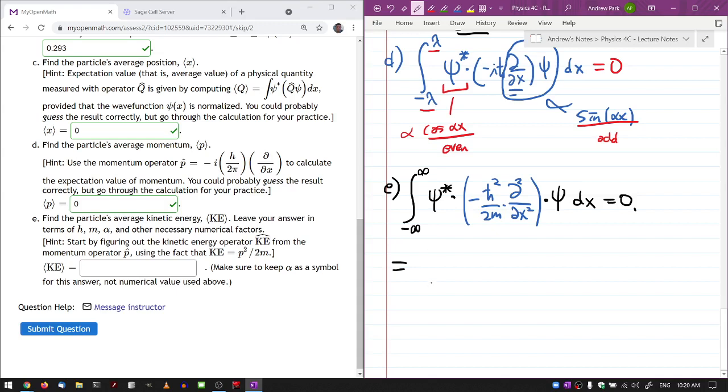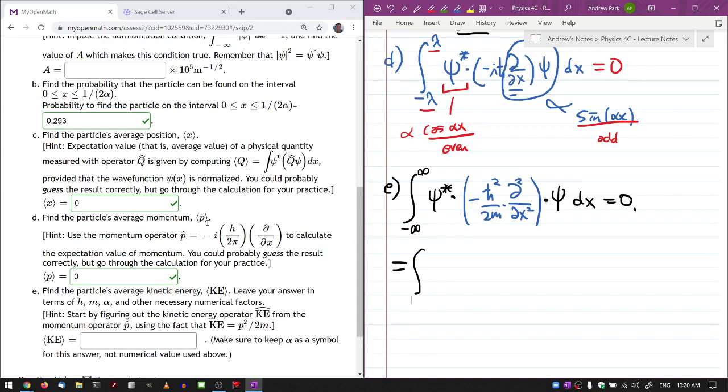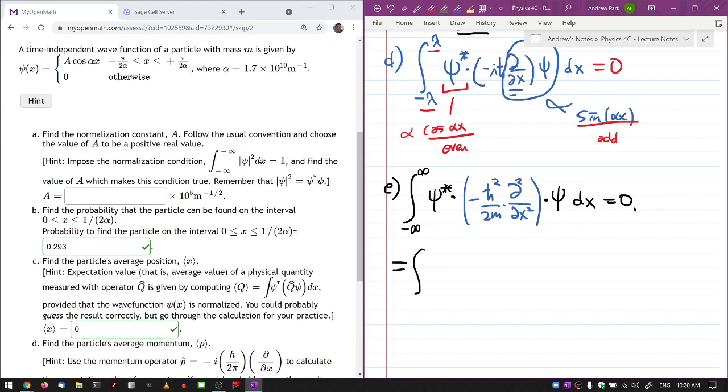My integral over all space becomes an integral over the parts where my wave function is not zero. So that's going to be from x equals minus pi over 2 alpha to pi over 2 alpha, and because my wave function is real, the complex conjugate is just A times cosine of alpha x, times minus h bar squared over 2m.